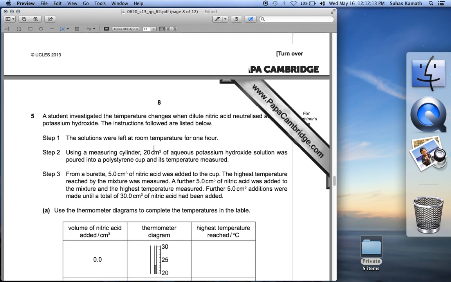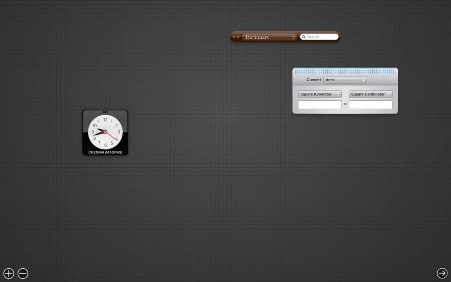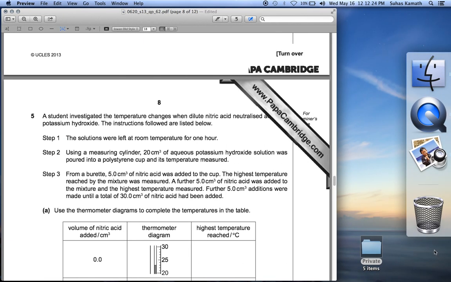A student investigated the temperature changes when dilute nitric acid neutralized alkaline potassium hydroxide. The instructions followed are listed below. The solutions were left at room temperature for 1 hour.